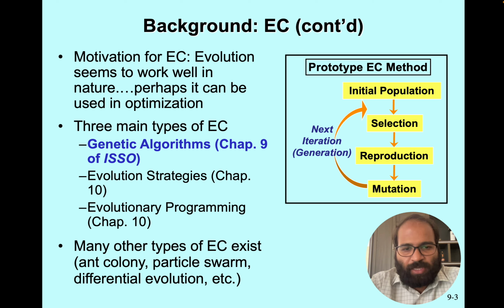Once the selection process is done, the next process, called reproduction, takes place. That is, the selected population will mate among themselves and create offspring solutions. Offspring is nothing but a chromosomal change.